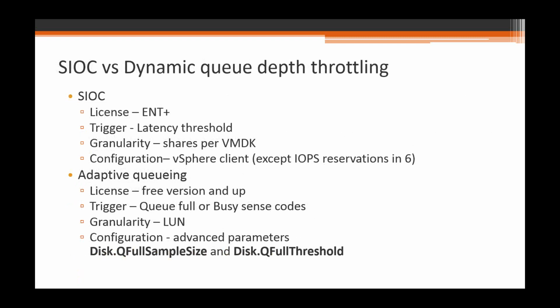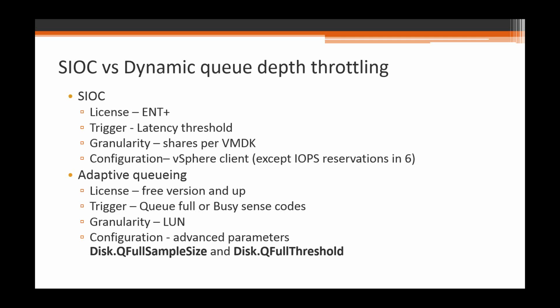Now, in regards to that adaptive queuing or dynamic queuing, what is that? Adaptive queuing is a technology that exists in ESXi in any version. It's part of the ESXi storage stack. Basically it's two advanced parameters, disk queue full sample size and disk queue full threshold.